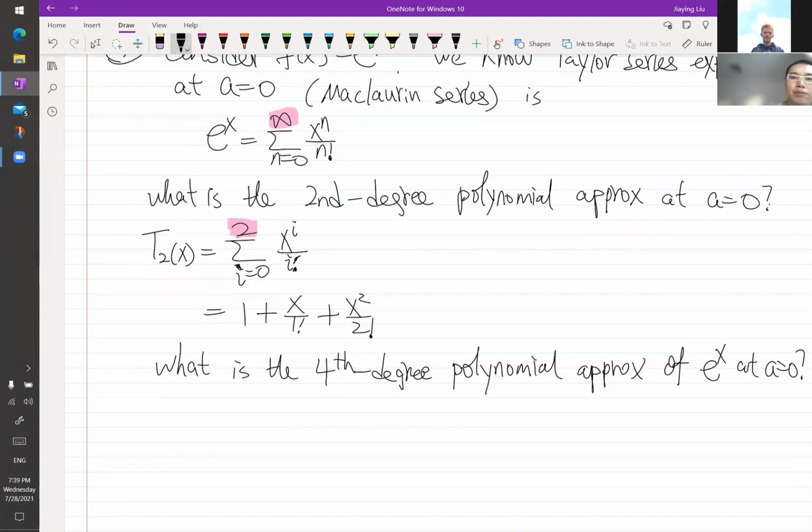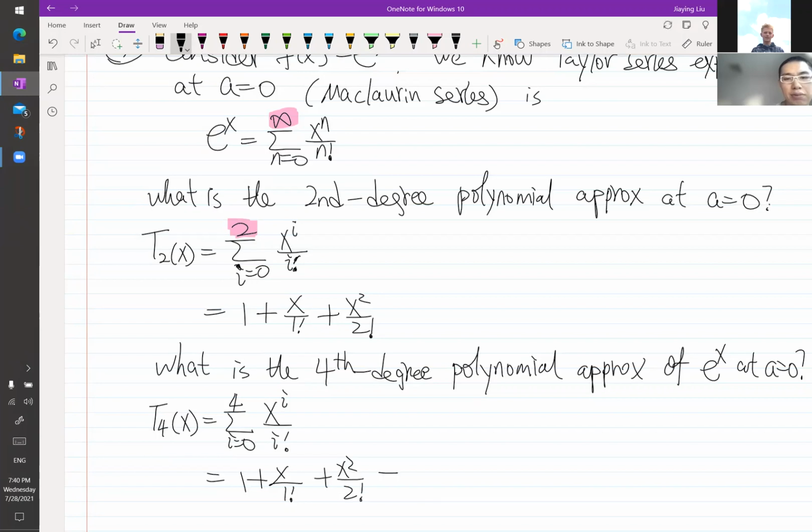So the fourth degree polynomial will be t sub 4 in this notation. That would be sigma I from 0 to 4 of x to the I over I factorial, and if we expand it, it would be 1 plus x over 1 factorial plus x squared over 2 factorial plus x cubed over 3 factorial plus x to the 4 over 4 factorial.